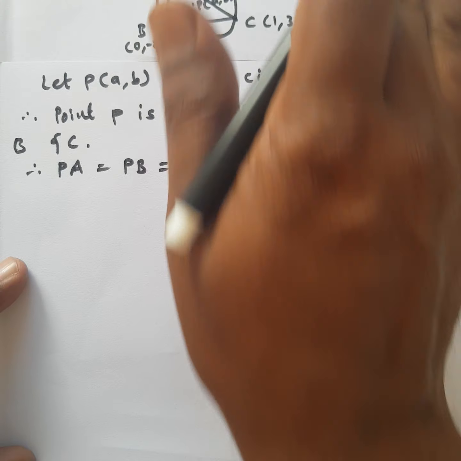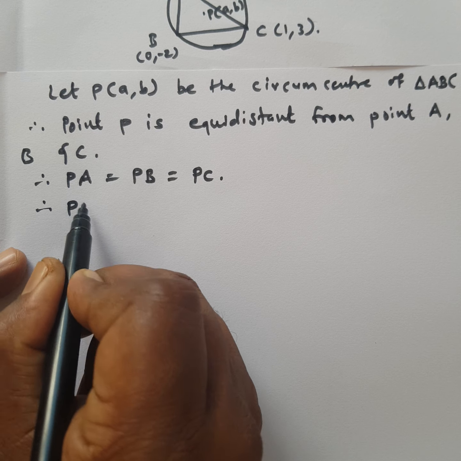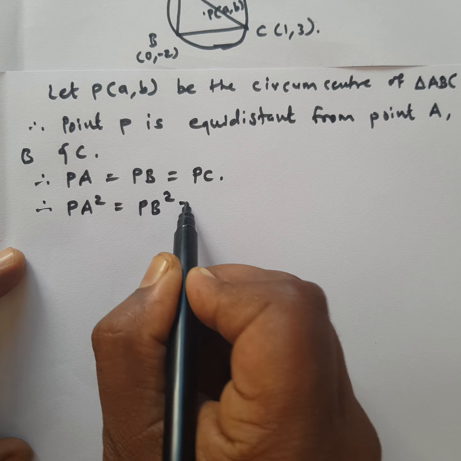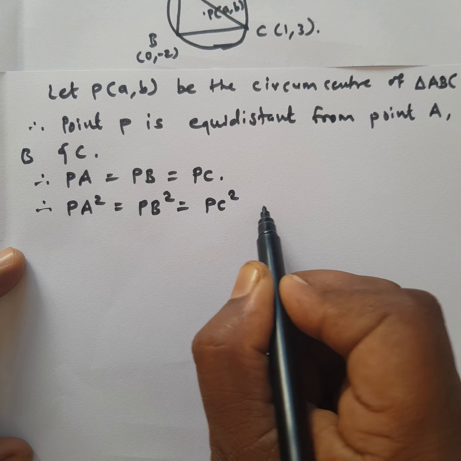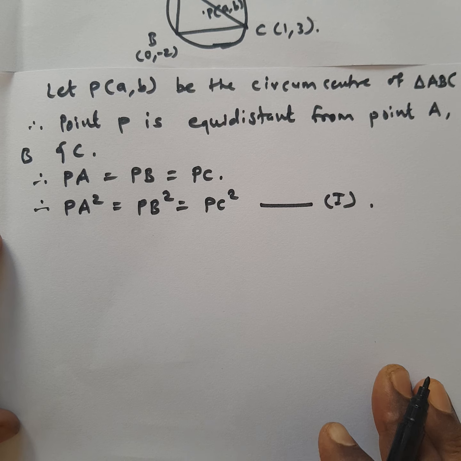If the distances are equal, we can write PA square is equal to PB square is equal to PC square. Let's give it number 1.